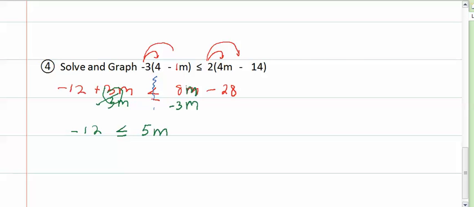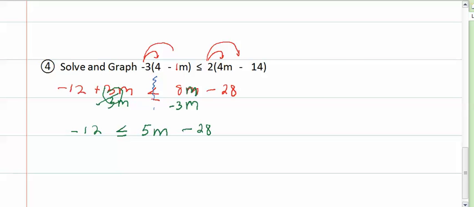Okay, the reason why I chose to move my m to this side was because when I was looking at it, I realized I was going to end up with a positive 5 instead of a negative 5, and I think a positive 5 is easier to work with. Okay, now I still have my negative 28.